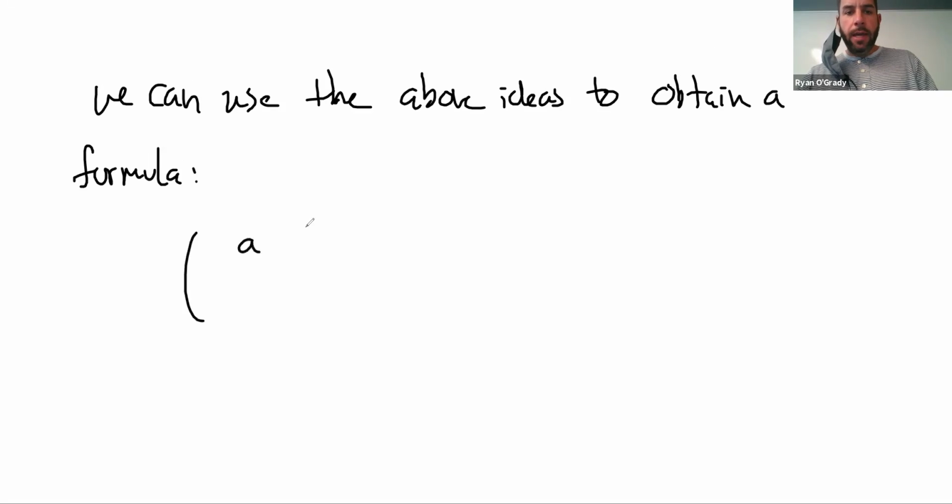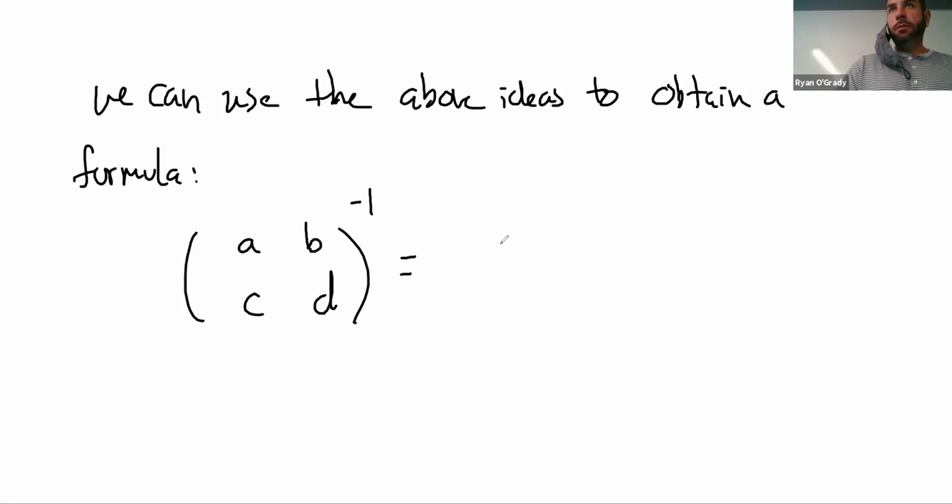Suppose we have A, B, C, D. The inverse of A, B, C, D, just a generic 2x2 matrix, has a very, very simple formula. So if you were paying attention earlier when I chose a B and then Mackenzie said, don't do that because it's going to be confusing.